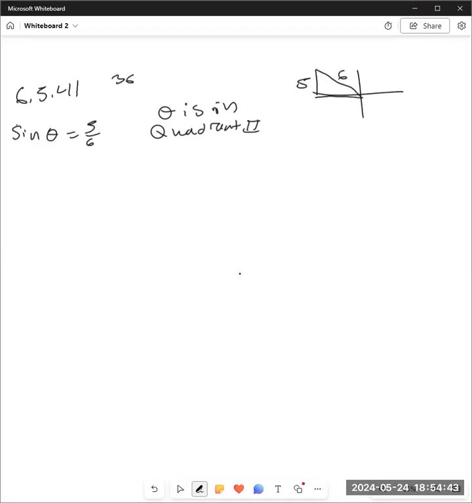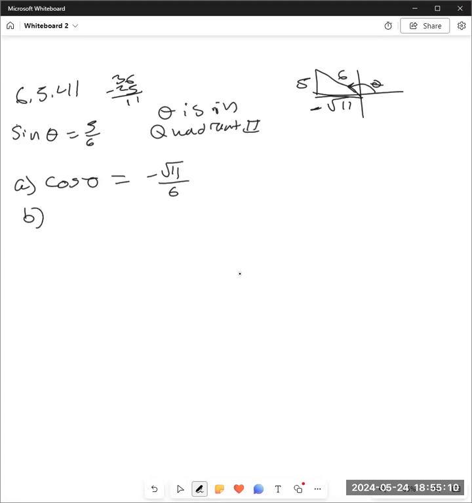So 36 minus 25 is 11. This is going to be a negative root 11 here. Theta is going to be this angle here. And we want cosine of theta for part A, which is going to be negative root 11/6.